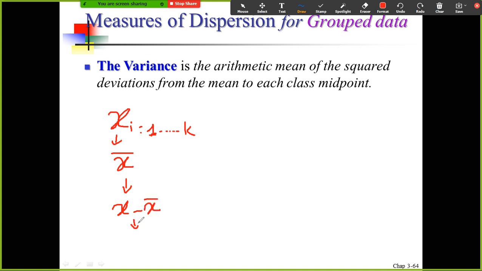Next, we don't put absolute value. This is different from mean deviation. Because for mean deviation we put absolute value, but this is not absolute value, but we take this deviation to square, and then we multiply this square by frequency.